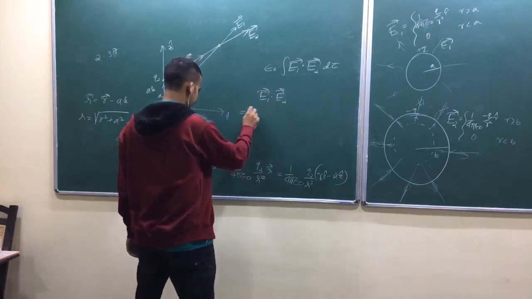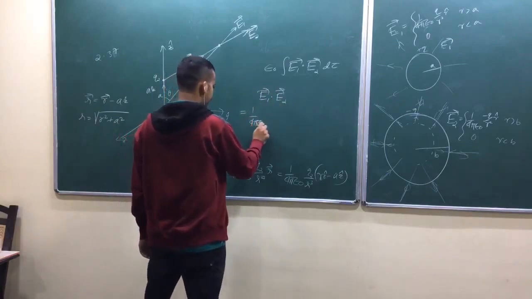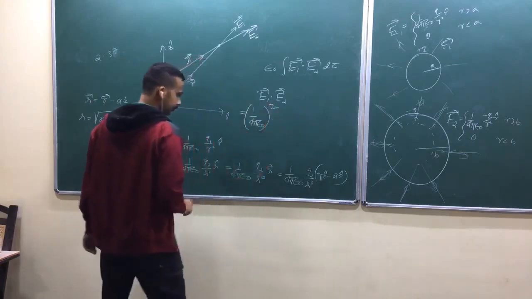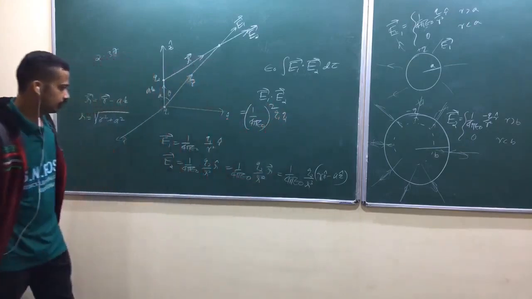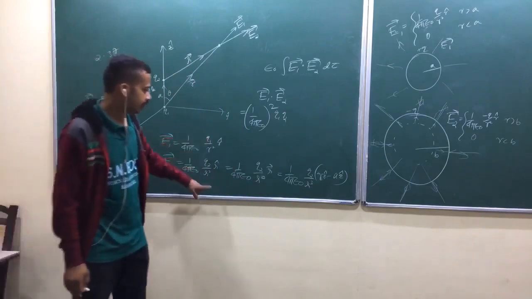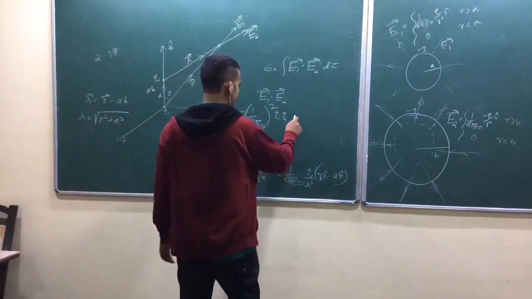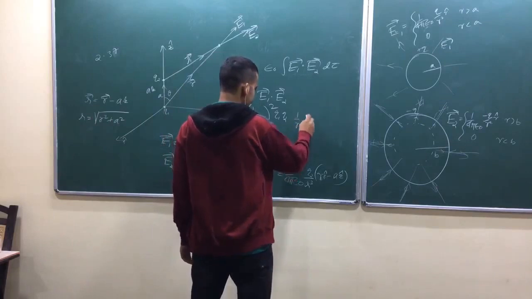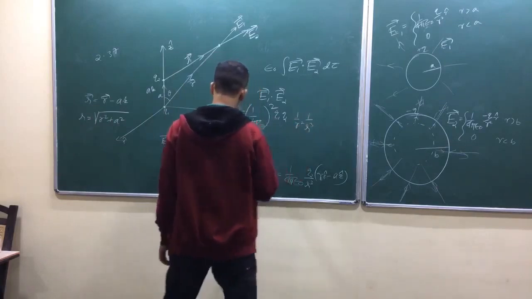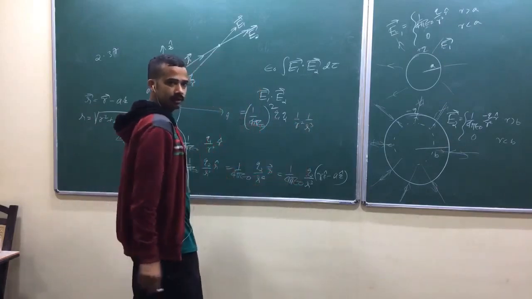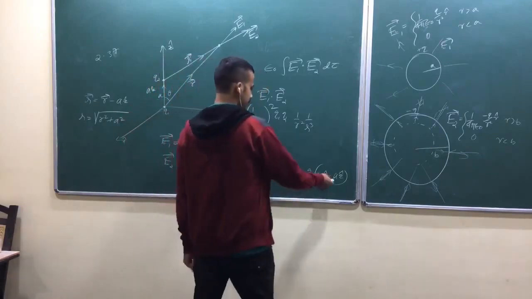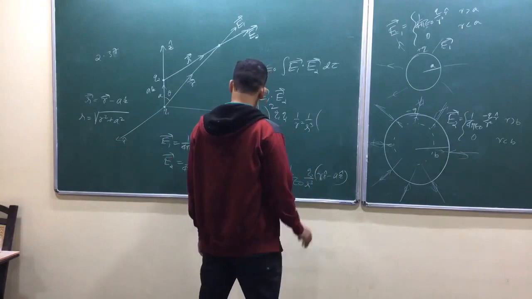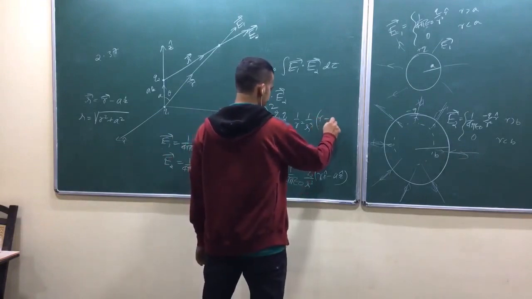What is that E1 dot E2? 1 by 4 pi epsilon naught the whole square, Q1 Q2, am I right? 1 by r square from this one, 1 by italic r cube, r cap dot this one, r cap dot r cap, r cap dot z cap. I think that would be r minus a cos theta.